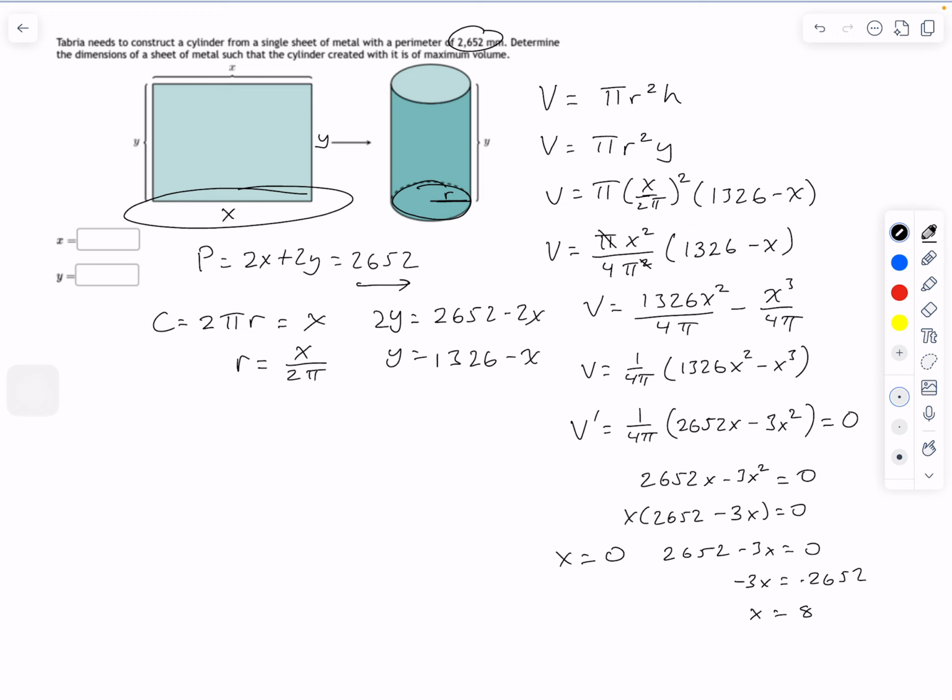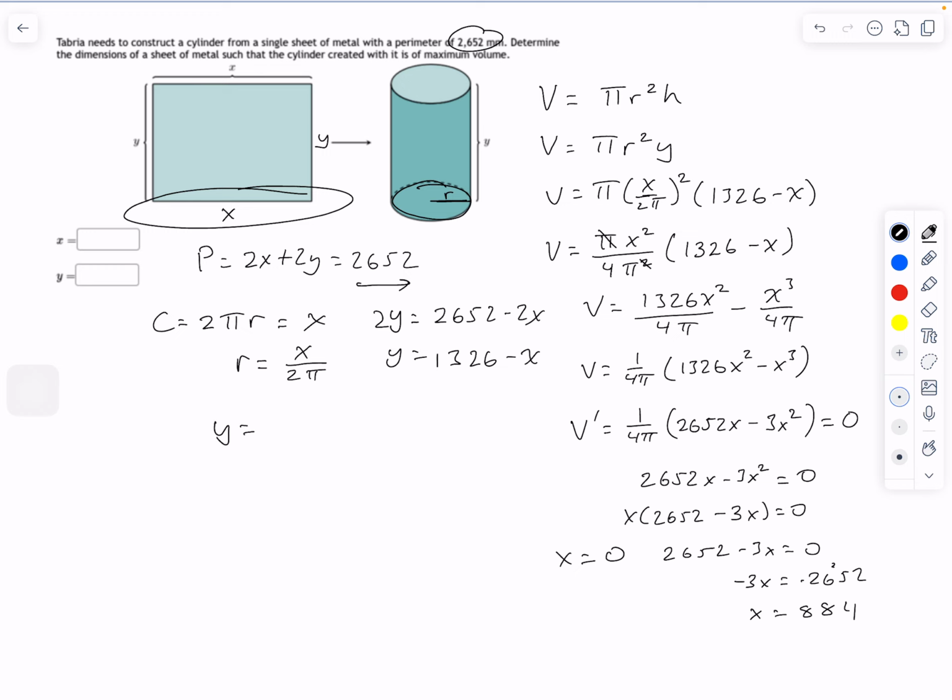3 into 26 is 8, 24, remainder 2. 25 is another 8. And then remainder 1, 12 is a 4. Okay, so we have our x value, 884. Now we can use that to solve for our y value. We have our equation over here, solving for y.